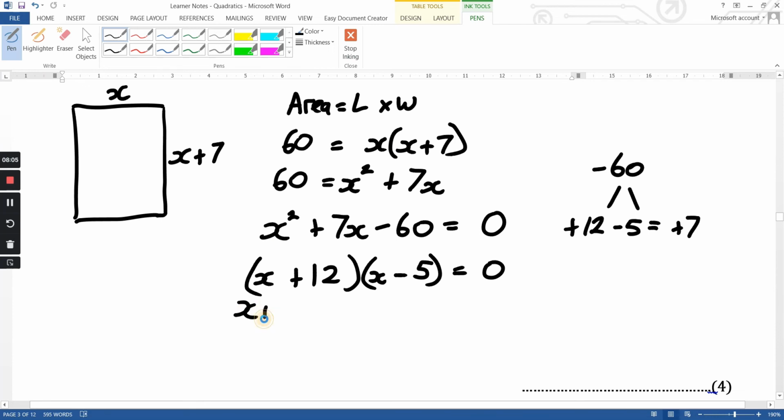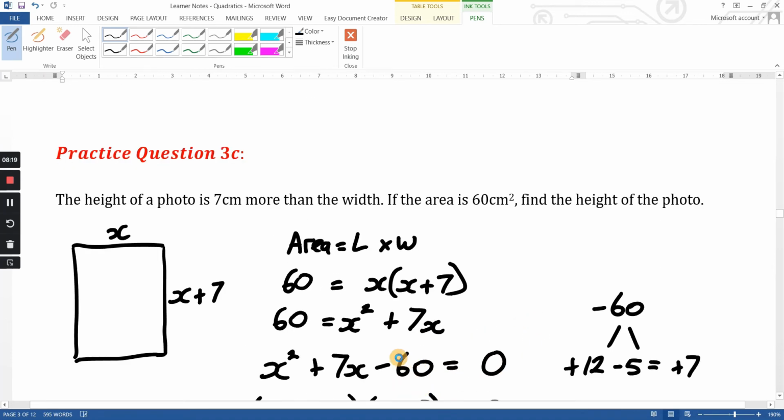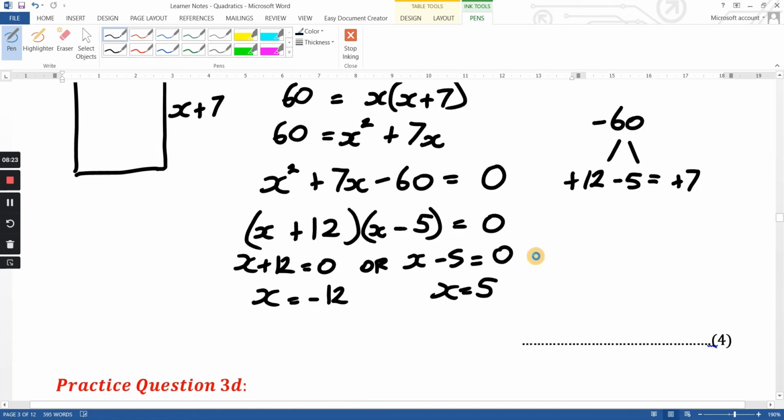And so this is going to be equal to 0, or this is going to be equal to 0. So you have two answers, minus 12, positive 5. Again, it's talking about a measurement, so you can ignore the negative one.